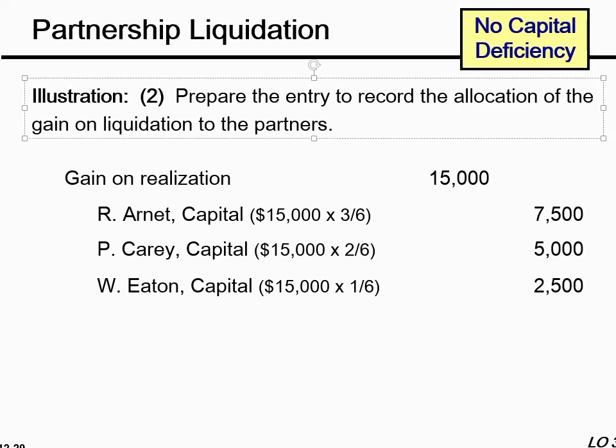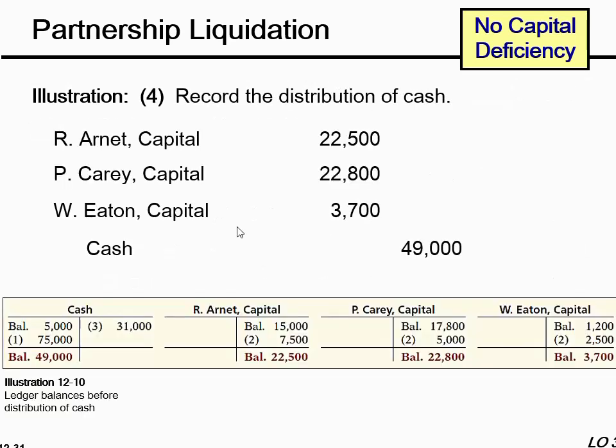So let's check the ending balances of the T accounts. I prepared their T accounts, Arendt, Carry, and Eton. When I added the gain distribution to their accounts, their balances become 22,500, 22,800, and 3,700. So these are the balances. If you add them, that is 49,000, and easily I can distribute the cash. It's a check as well.